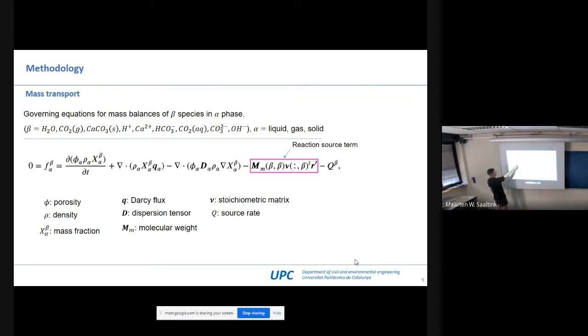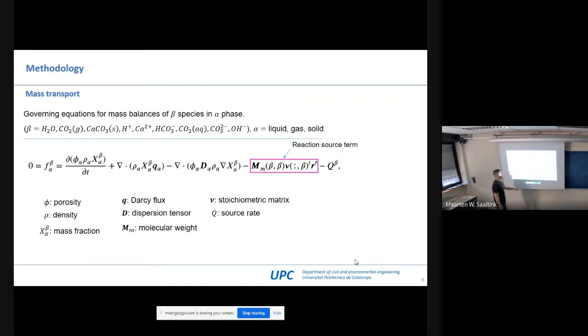This is the mass change of the species, this is the advection term, this is the dispersion term, and this is the source term due to injection, extraction, or some boundary conditions. And this term is the source term due to chemical reaction.